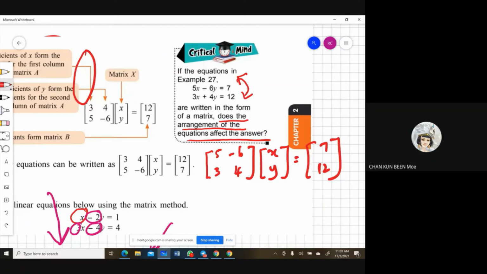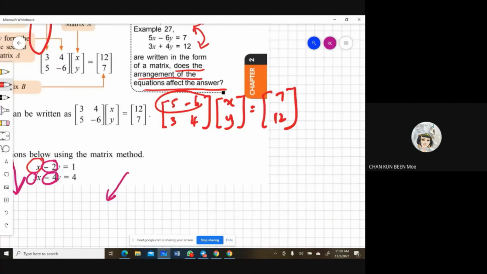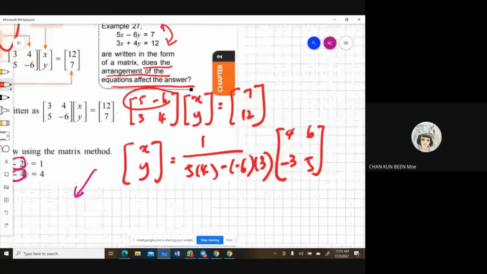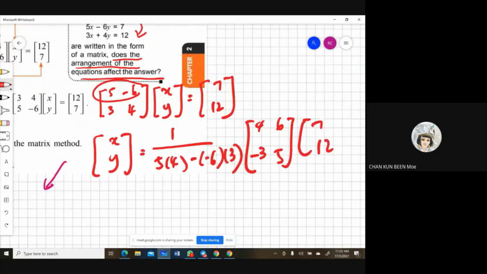You will still get the correct answer after the multiplication with the inverse matrix, because x and y is equal to the inverse matrix of 5 times 4 minus -6 times 3, and then this one becomes 4, 6, -3, 5 multiplied by 7, 12. You will get the same answer. So it won't affect the answer.